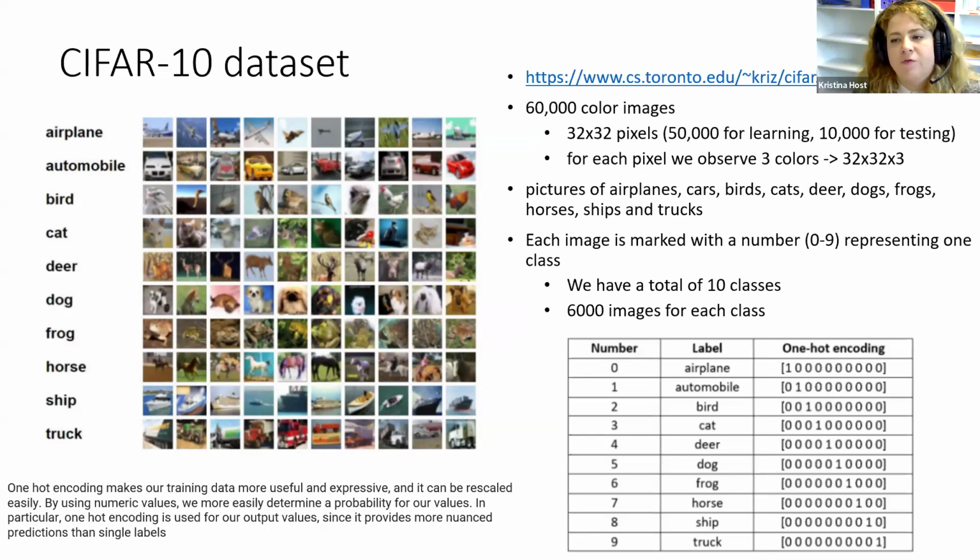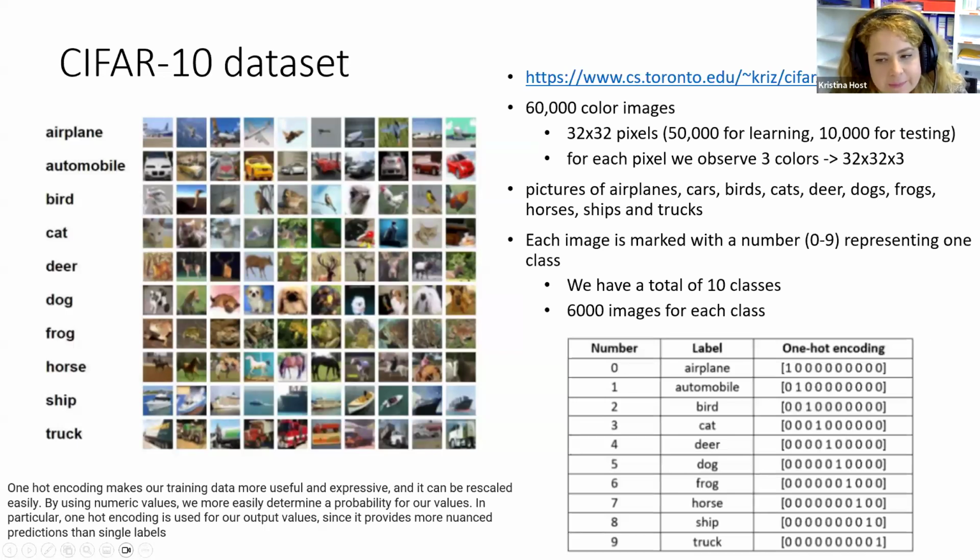The shape of our images is 32 by 32 by 3 because they are colored, and we have 10 classes with images of airplane, car, bird, cat, deer, dog, frog, horse, ship, and truck. Each image is marked with a number from 0 to 9, representing one class. In total we have 10 classes, and for each class we have 6,000 images.